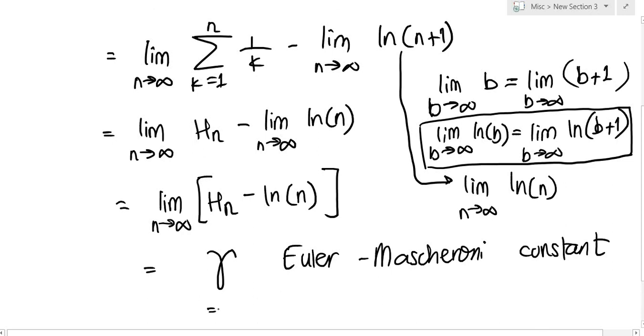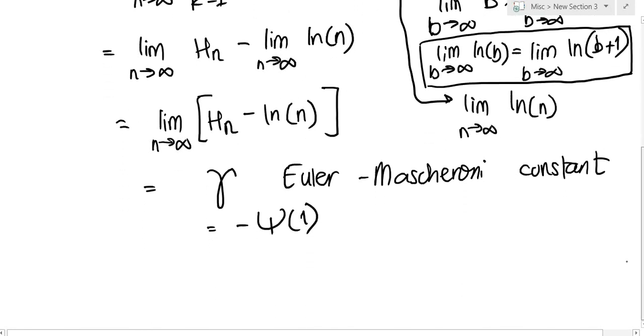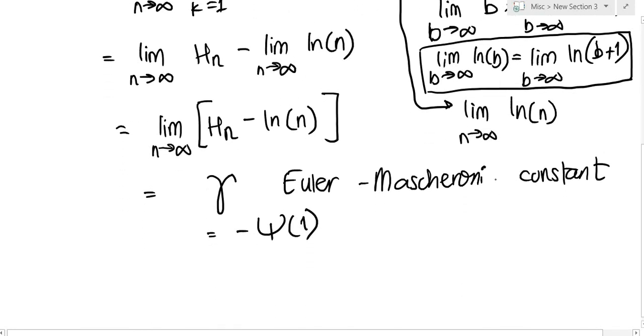Or if you want to write it in terms of digammas, it is a negative digamma of 1, because a digamma of 1 is negative Euler Mascheroni constant. So it was a beautiful mathematical constant that we obtained by doing a crazy integral and using Frullani's theorem.